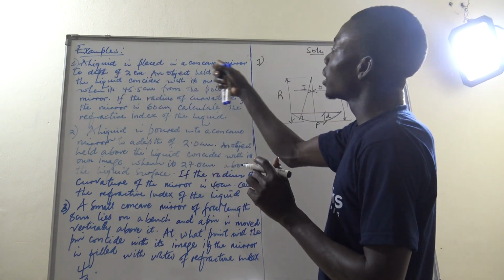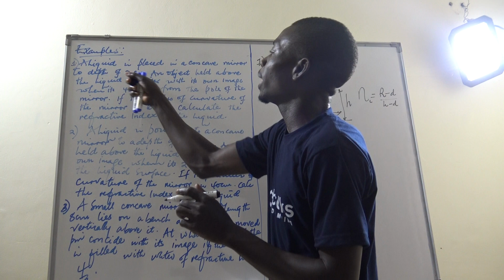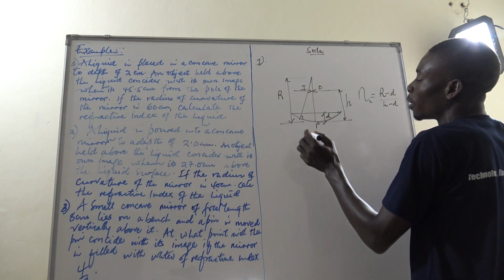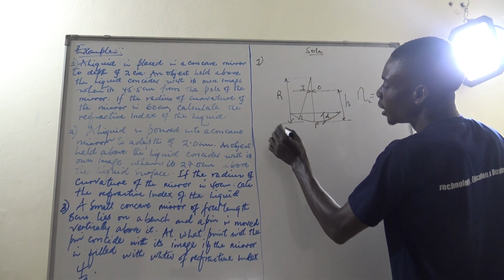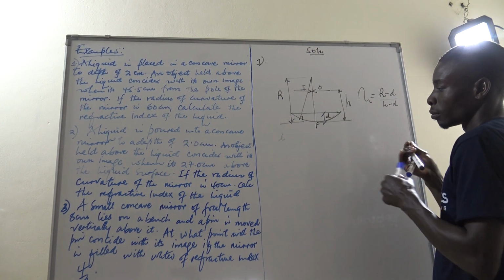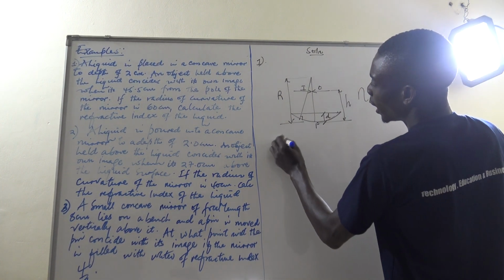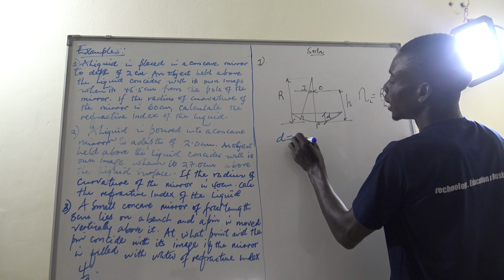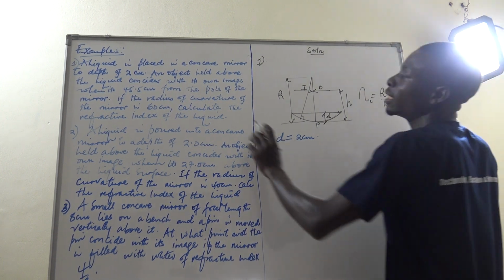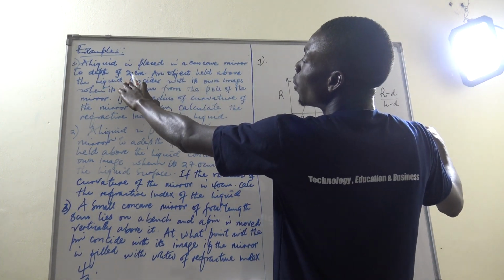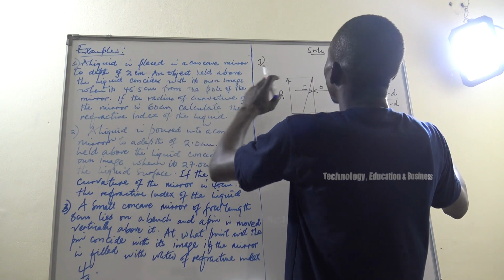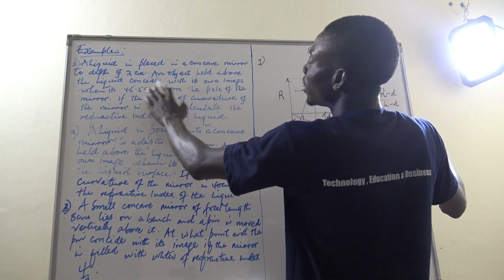If I say a liquid is placed in a concave mirror to a depth, that means that the depth of the liquid, D, has been given to you as 2 centimeters. An object held above the liquid coincides with its own image. Okay, the point of coincidence is there.